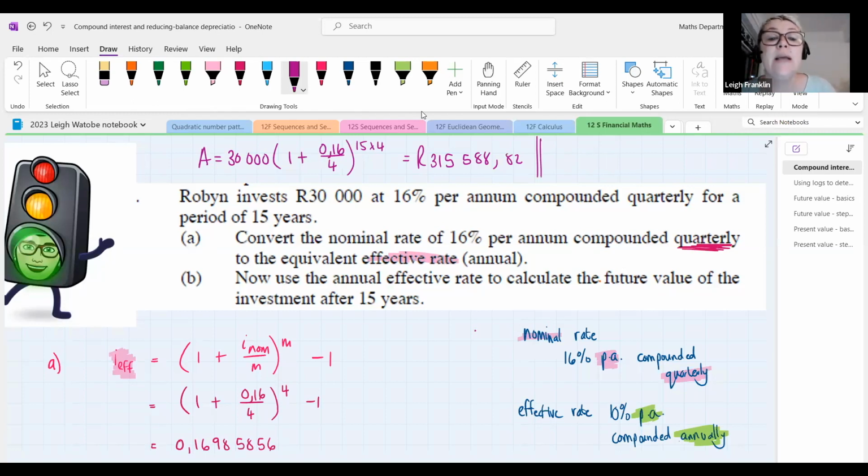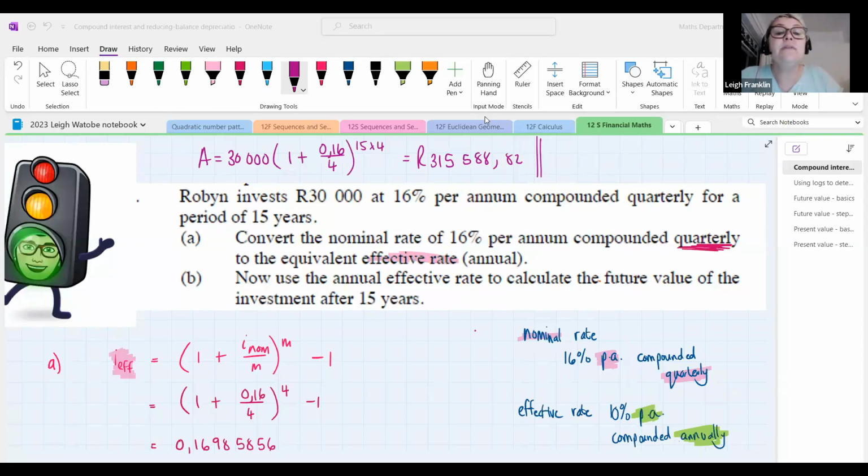I know the question is not asking us to do that. I'm just doing this to help you understand why it is the same. That's actually answering question B. So to answer question B, let's see if we get the same or a very similar answer.